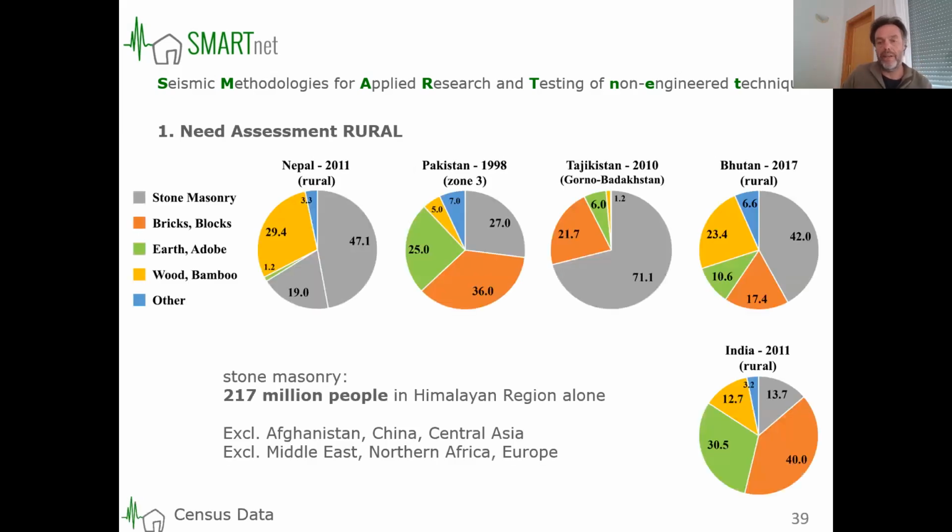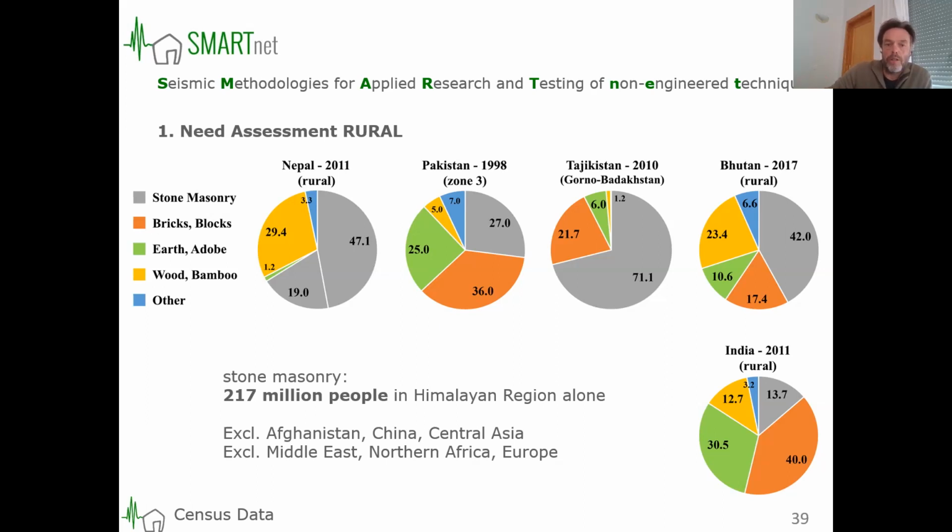Now, I started doing a needs assessment. I mean, is it necessary to begin with? The answer is yes, it's very necessary. When you look at rural areas alone, and I looked at census data, we see that in these Himalayan countries, the majority of the building stock is masonry or a form of masonry. So it is either brick masonry, stone masonry, adobe, earth, or natural materials.